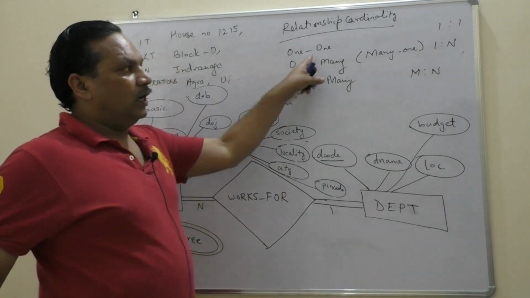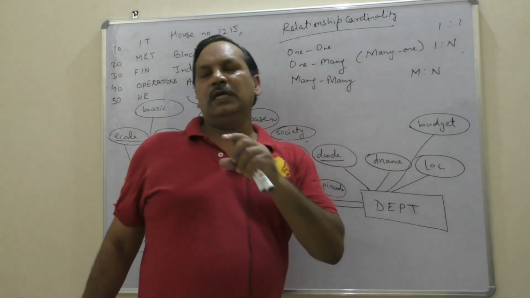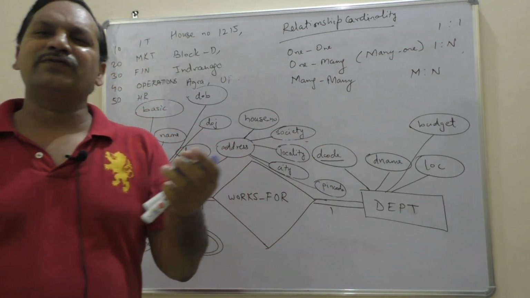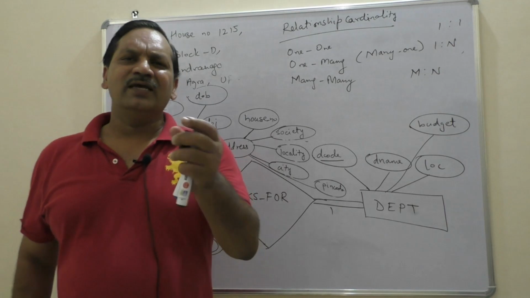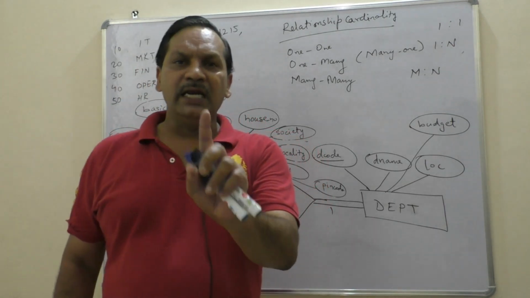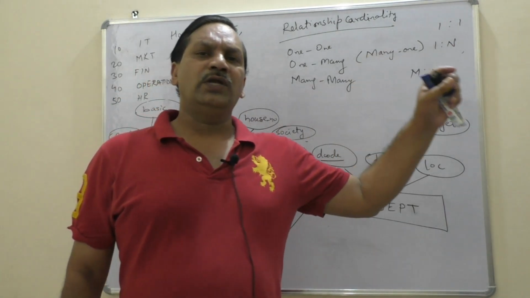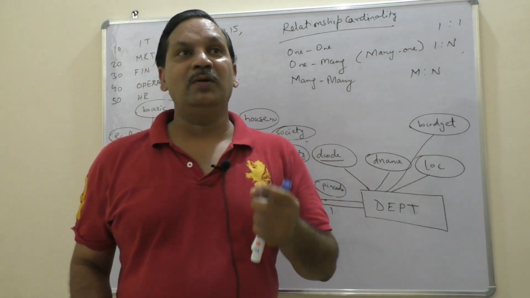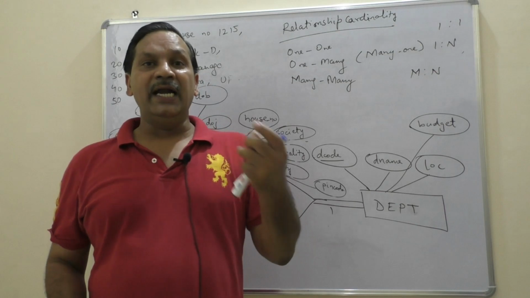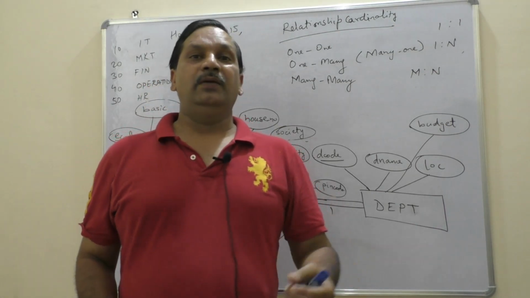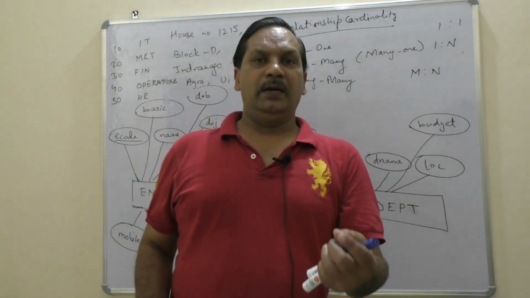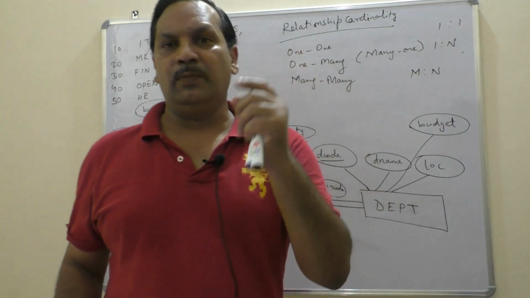Similarly, participation. I repeat, so 1-1 relationship. Now, can you give me an example of a 1-1 relationship? Okay, I'll give a very simple example. Now there is an IT department in which there are 1,200 employees. Now tell me, out of these 1,200 employees, who will be the head or the director of that department? Only one. So there is only one person who is heading the department, one of the 1,200 employees.